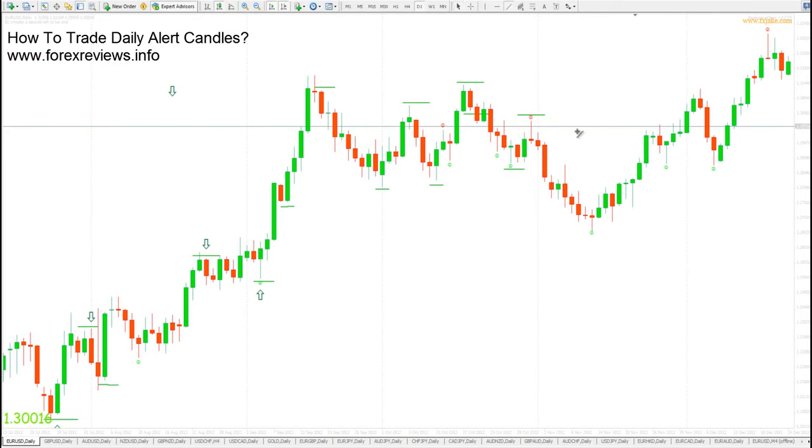So what you can do is say, okay, if I get a close above this candle, above this level here, I'm out. You can do that, and that allows you to possibly get more pips. I'm just going to stick to the basic system of how the system works though, and I'm just going to take 130 pips here. However, you could have seen how you could have gone all the way down here, because that candle is actually smaller than this candle.